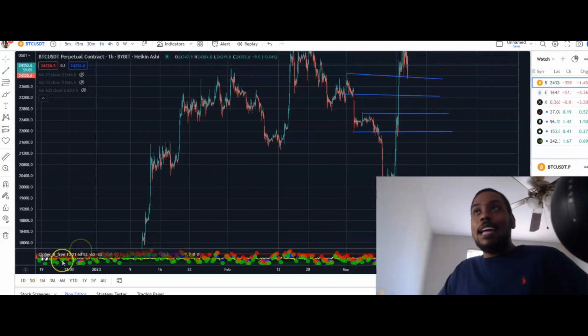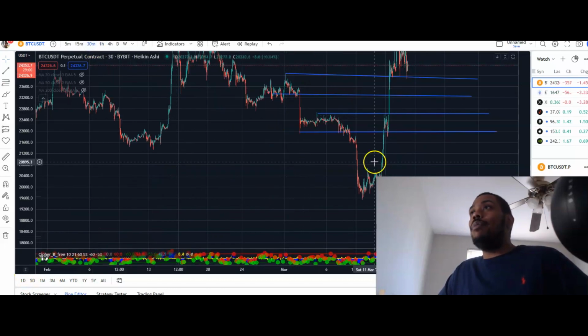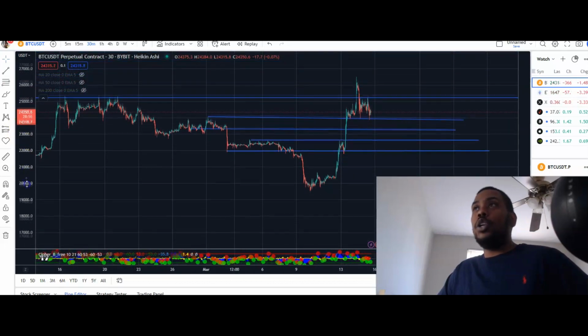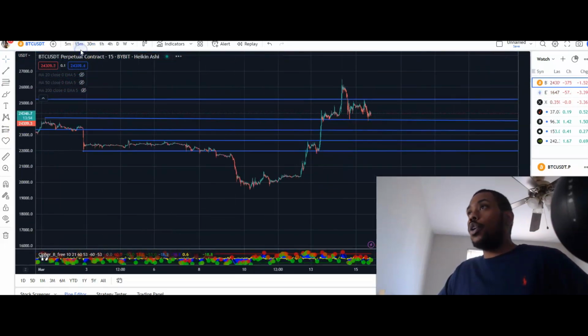Now, going back to the day trading, you have all of these lines plotted out on the hourly chart. It makes it a little bit easier to read the market when you go down to shorter time frames.